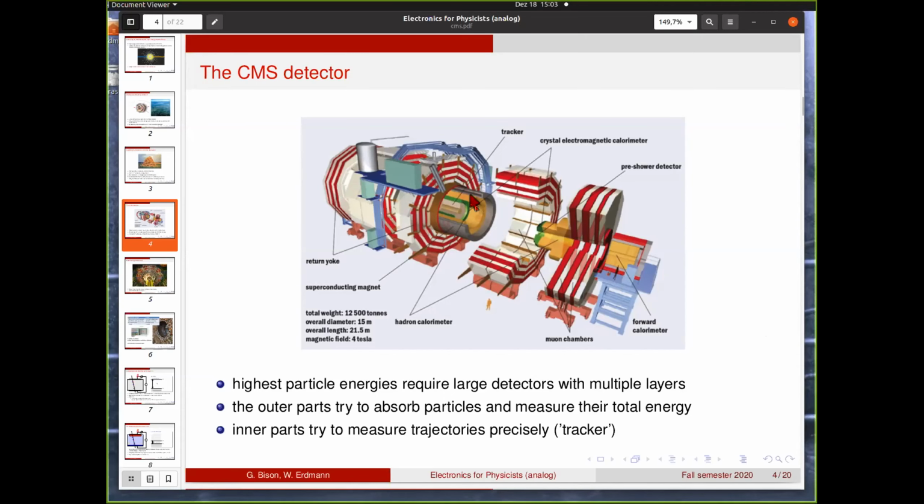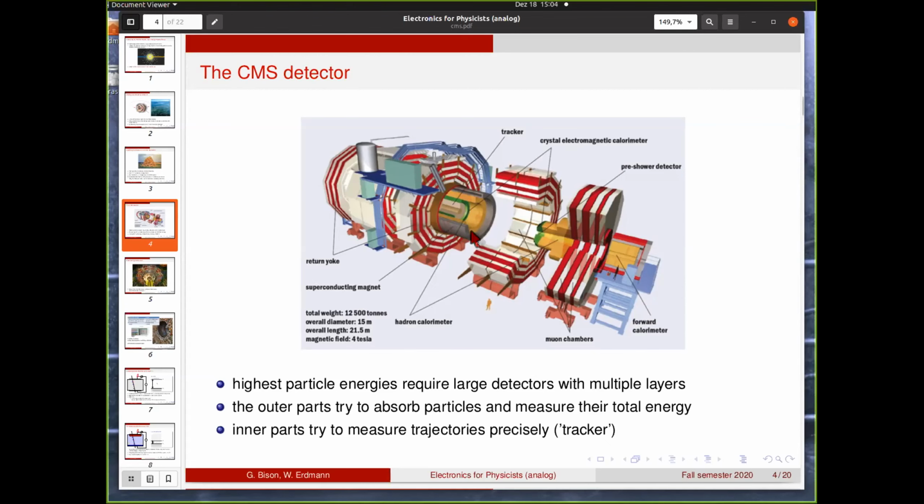And so the outer parts here try to really absorb particles and measure their energy. Some particles will still get through, and they are measured in these so-called muon chambers. These are the muons. While the innermost parts are the opposite. They're built as light as possible. They must ideally contain no material, and their goal is to simply measure the trajectories of the particles very precisely without disturbing their flight path.